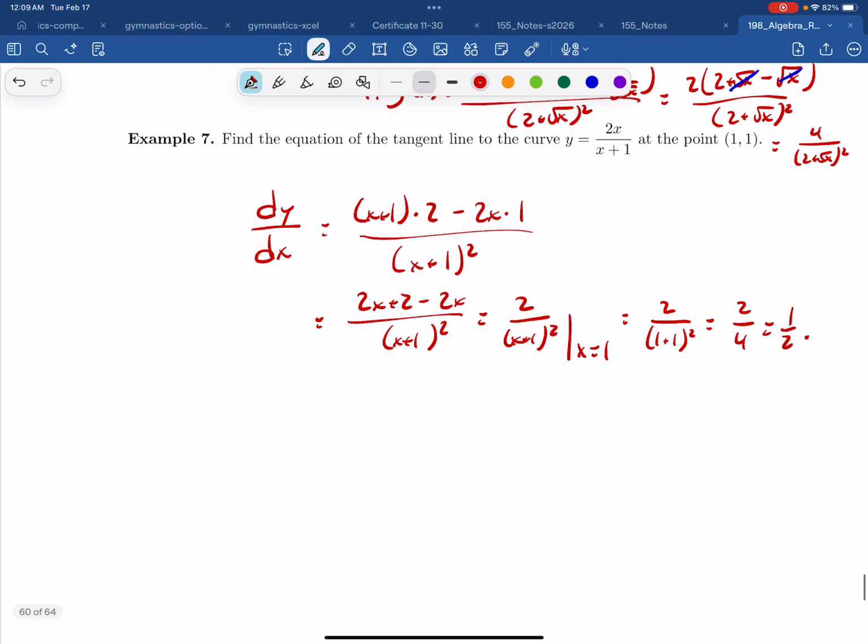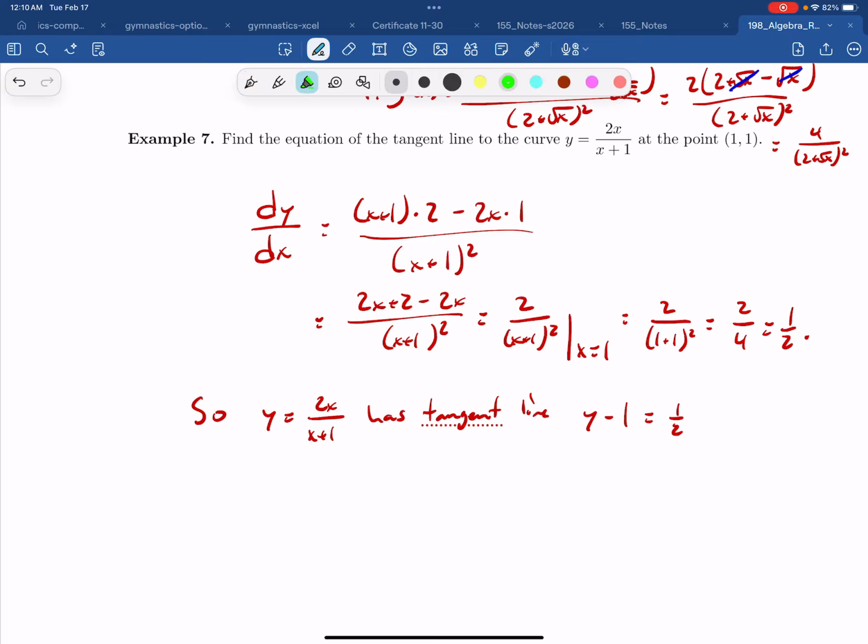So we wind up having y equals 2x over x plus 1 has tangent line. What would it be? y minus y1 equals the slope, right, which we found right here, times x minus x1 at the point 1, 1. There you go.